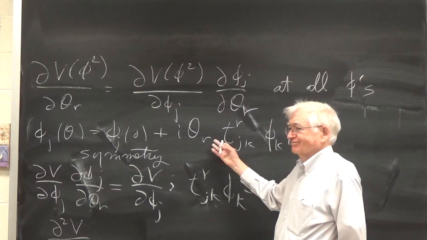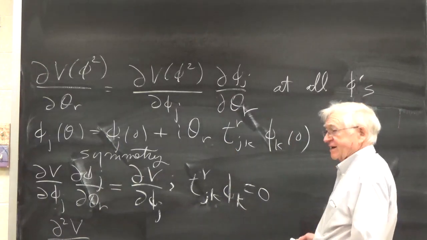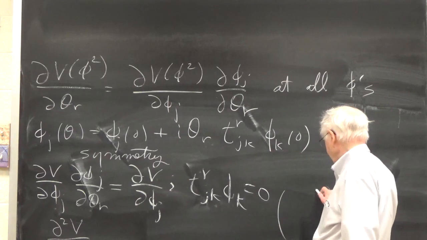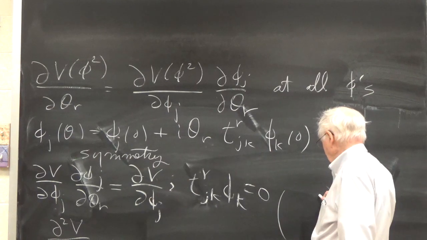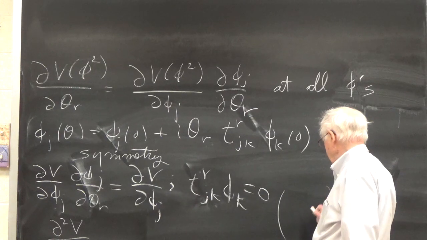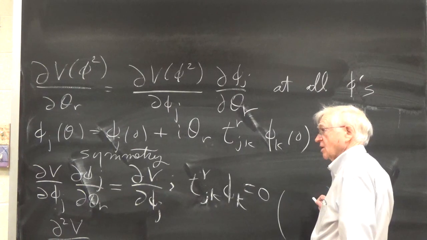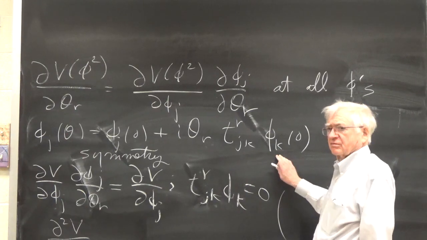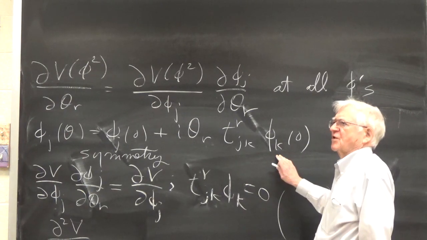So this is like, let's see, for n equals 3, they're real and symmetric. So there are 6 generators for, no, there are only 3 generators for O(3).